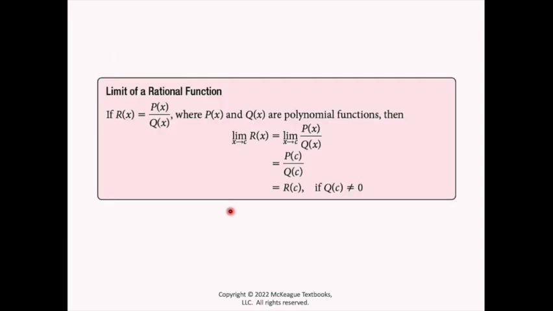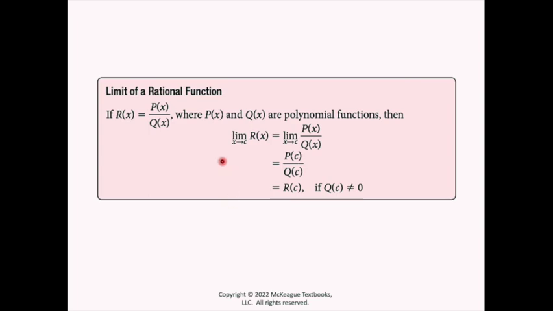The next property is what happens when you're taking the limit of a rational function. So the limit property of a rational function basically says that the limit of a rational function can be determined by direct substitution only if that substitution does not produce 0 in the denominator.